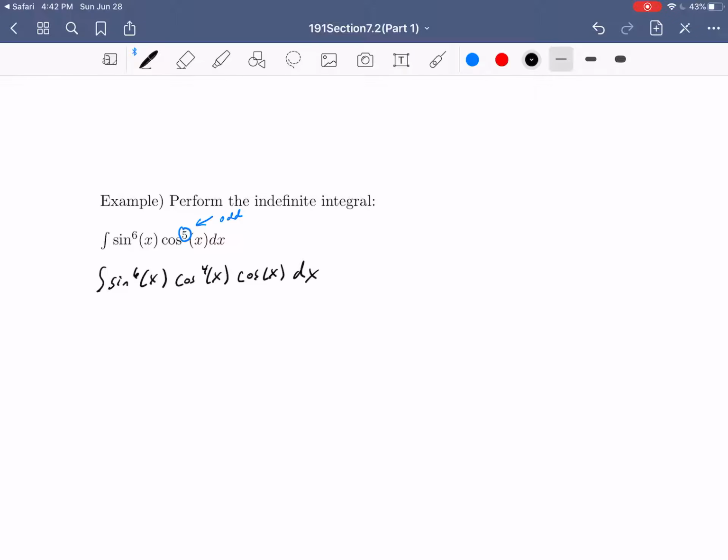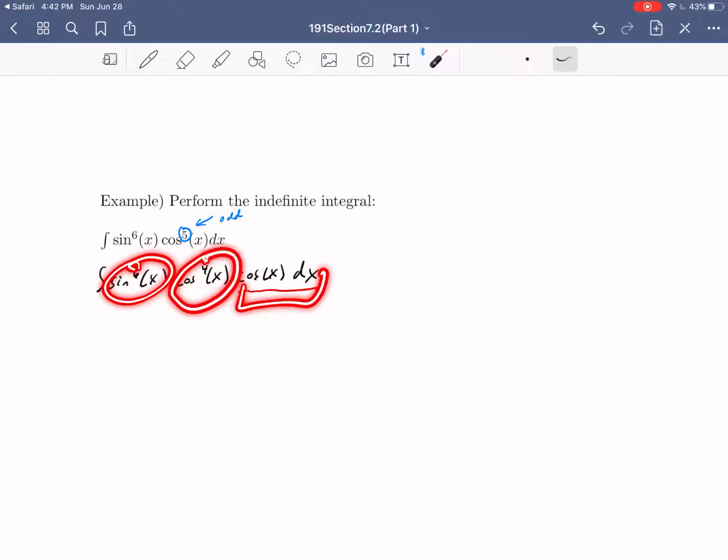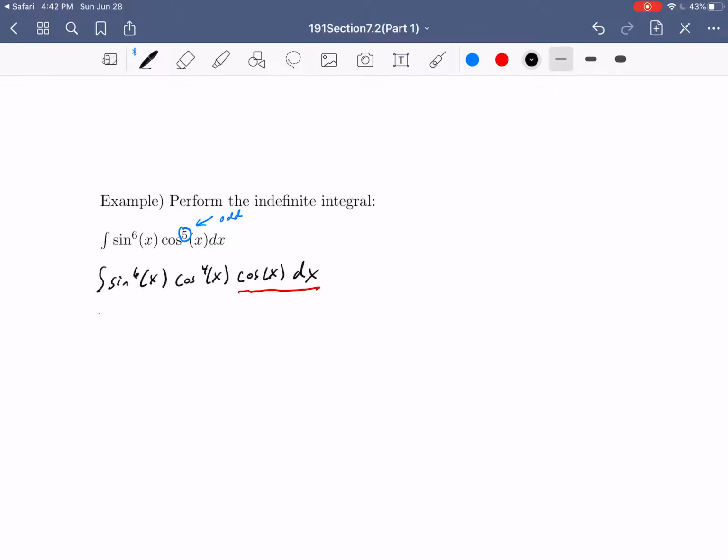So we save one from the odd, and at this point, if it helps, write something to remind yourself you don't want to mess with this at all. This right here is perfect for the du if we do u equals sine x. So this is good. We need to convert the remaining cosines. To do that, since it's cosine to the 4th, we can think about it as sine to the 6th, cosine squared, cosine squared, cosine x dx.